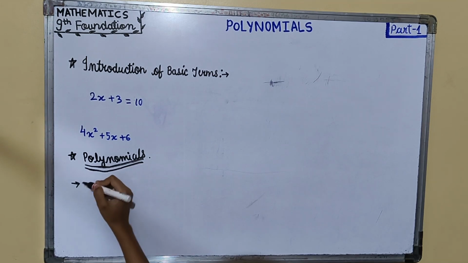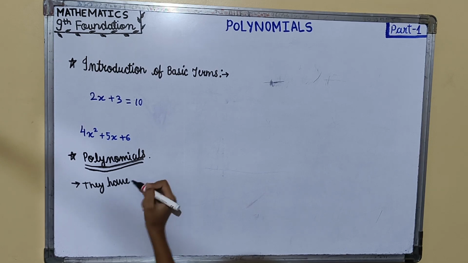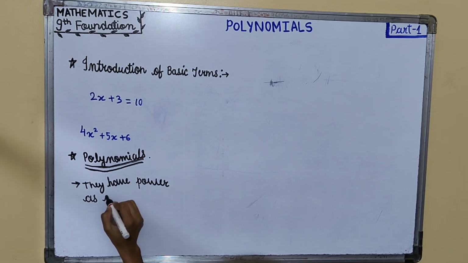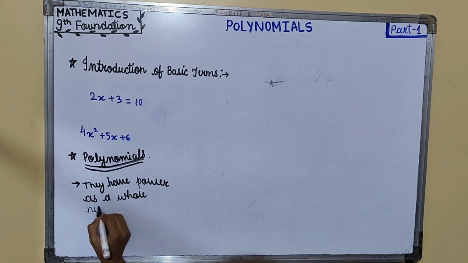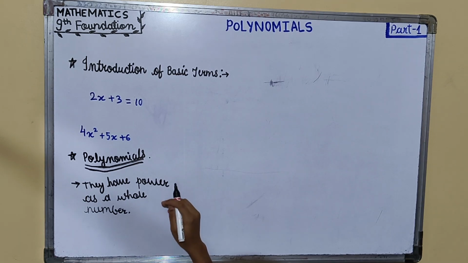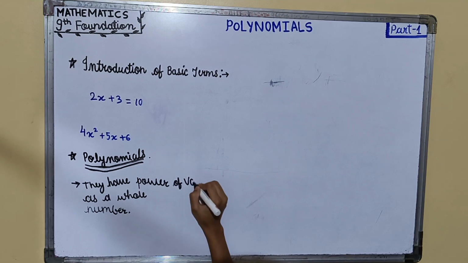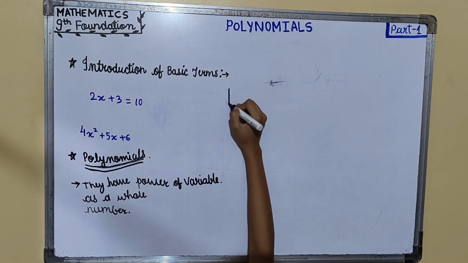The main point of polynomials is that they have the power of the variable as a whole number only. Now let us understand this with some examples.